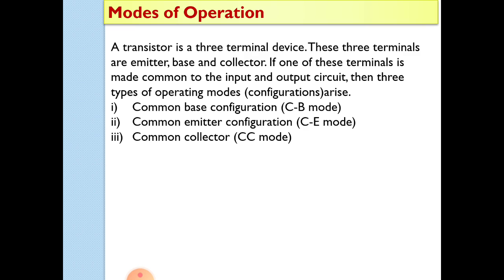In CB mode, as the name indicates, common base configuration, it contains the base terminal as common for both input circuit and output circuit. Second, common emitter configuration, CE mode: in this, emitter is common for both input and output circuit. The third type is common collector configuration, CC mode, in which collector is common for both input and output circuit.